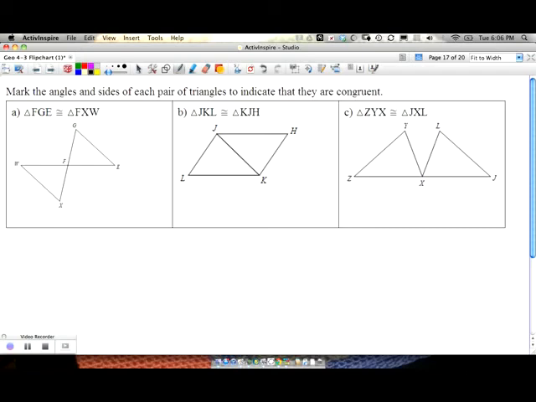All right. Mark the angles and sides such that they're congruent as they say. So let's go in the order they say, F, G, E. I'm going to start with F, and then G, and then E. FXW means I start with F again, then X gets the double, and then W gets the triple.